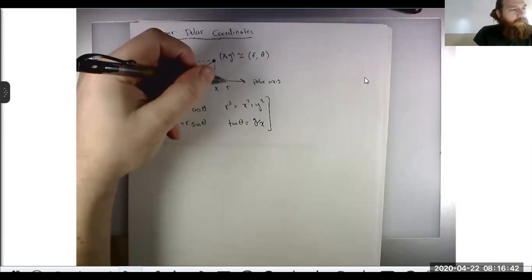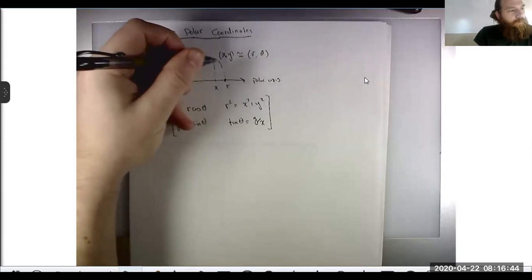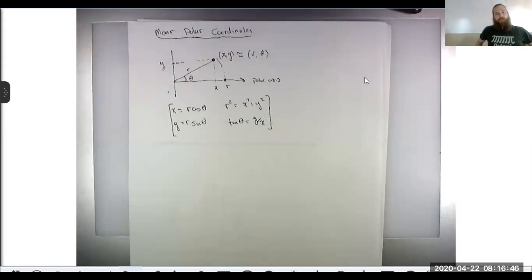So you go out and you pick a radius, and then you rotate up until you get to your point. But you can think of it either way. In my mind, I've always thought of it as rotate theta and then walk out r. But you can also walk out r along the polar axis and then rotate around on that circle until you get to your point. Either way is okay.